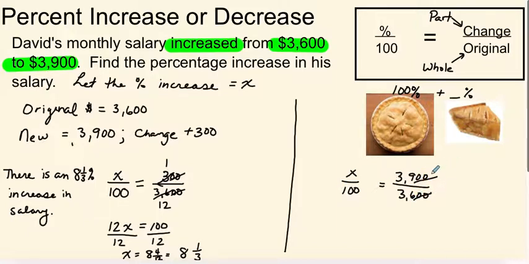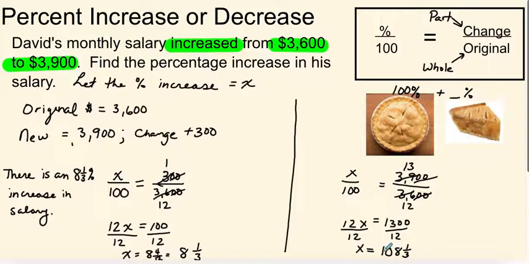So divide those both by 100. Divide them both by 3. That's 13 and 12. So now 12x is equal to 1,200. Oh, I'm sorry. 12x is equal to 1,300. And if I divide both sides by 12, x is equal to 100, and there's 100 left over, and I know that that is 8 1/3.